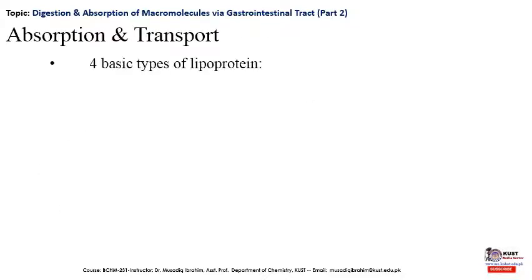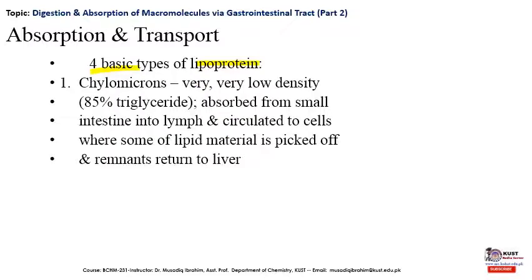Now, in terms of lipoproteins which are being absorbed and transported, they have four basic types. So the first one are the chylomicrons, which are very low density, and mainly they are composed of 85% triglyceride, and they are absorbed from the small intestine into the lymph system and then circulated to cells, where some of the lipid material is picked off and the remaining is returned to the liver.